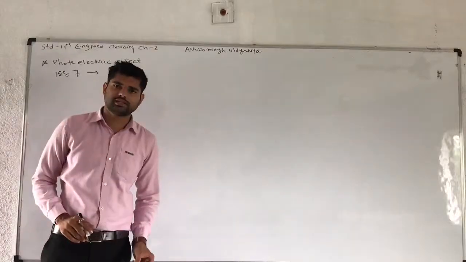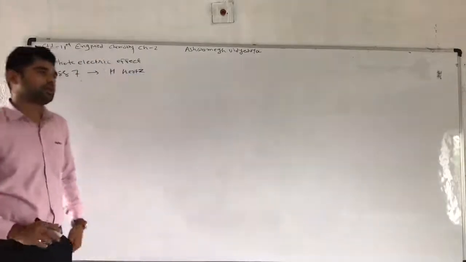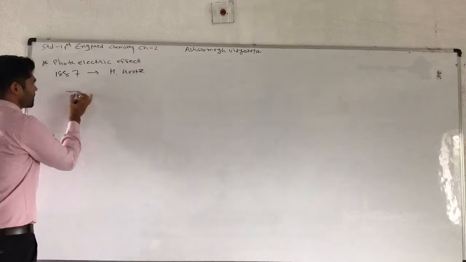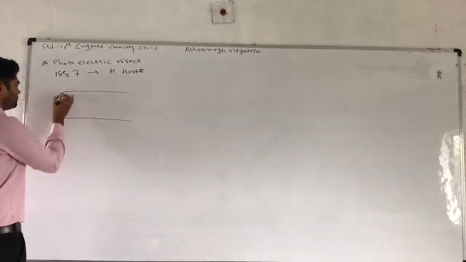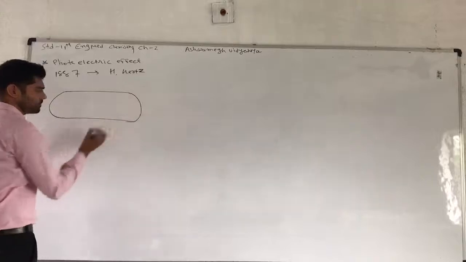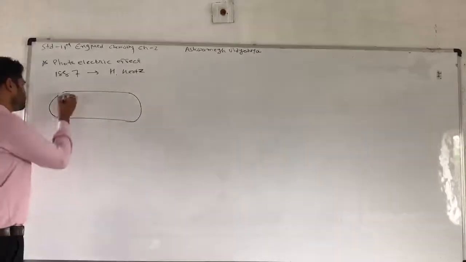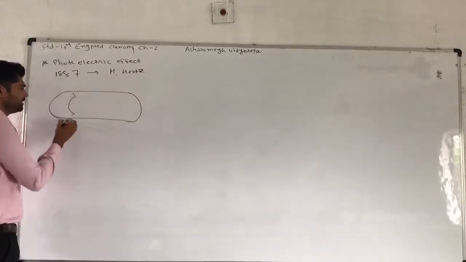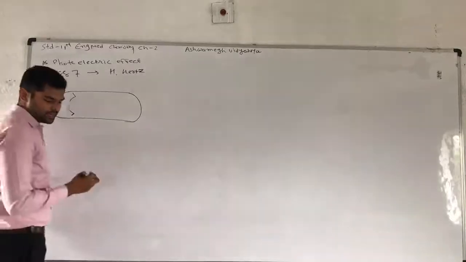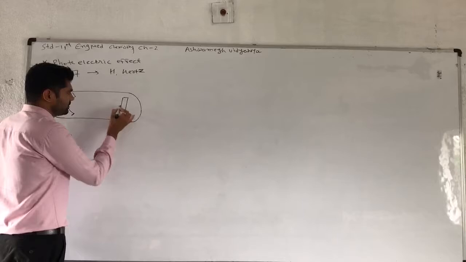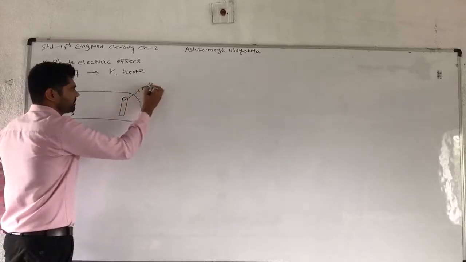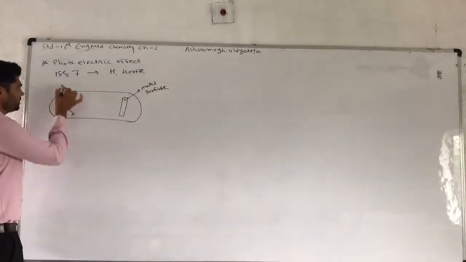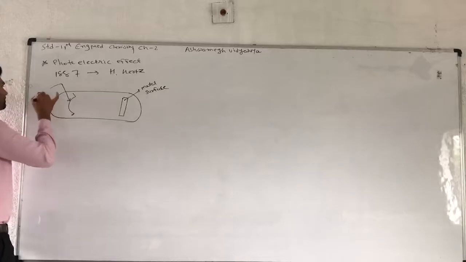In the photoelectric effect, Hertz first experimented on a metal surface. Take a glass tube. In the glass tube, one metal surface and one indicator are taken.